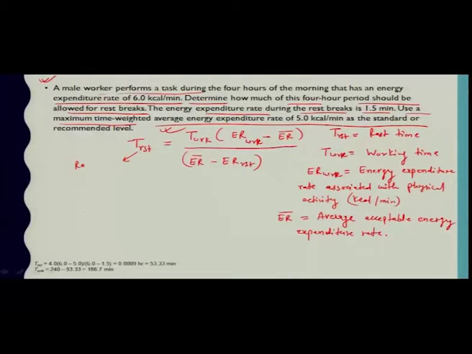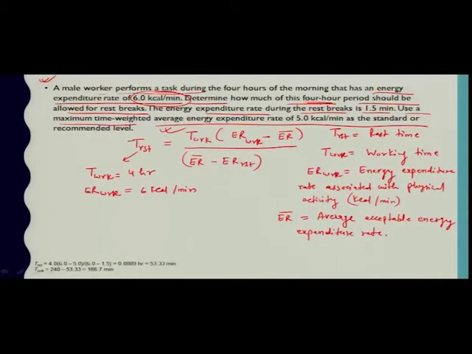So here the working time is given as a 4-hour period, so T_WRK is equal to 4 hours. As far as the energy expenditure rate associated with physical activity is concerned, ER_WRK is 6 kilocalorie per minute.